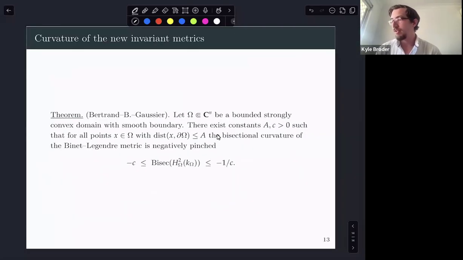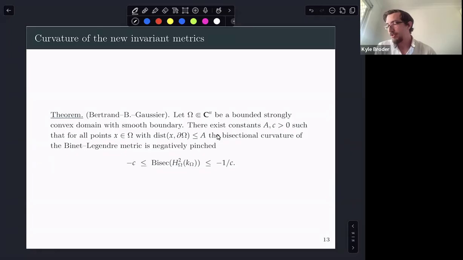And that's the last theorem that I want to talk about today: if we take a bounded, strongly convex domain with a smooth boundary, then there are positive constants A and C such that for all points sufficiently close to the boundary, the bisectional curvature, which is one of the strongest curvatures in complex geometry, a sum of two sectional curvatures, of the Binet-Legendre metric is negatively pinched at all points sufficiently close to the boundary.